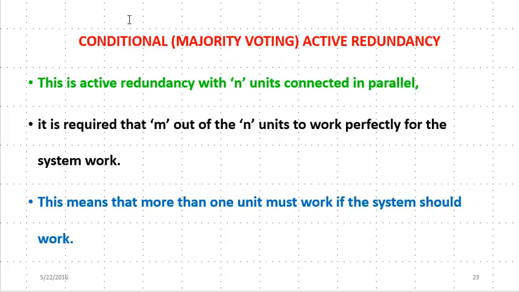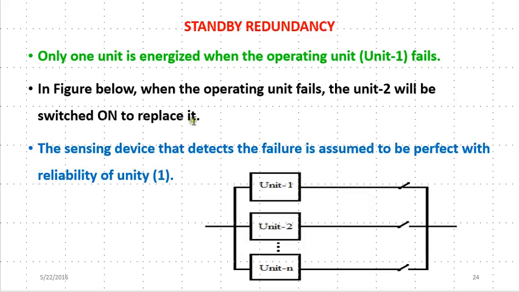For the system to use more than 1, we say that kind of active redundancy is called majority voting. It needs more than 1. If it is only 1, no perfect operation. So this means that more than 1 unit is required for the system to work perfectly, and in the situation where we have only 1 of them working, there is probability of what? Failure.